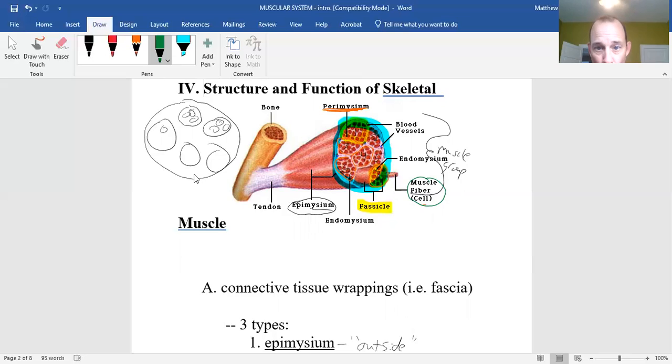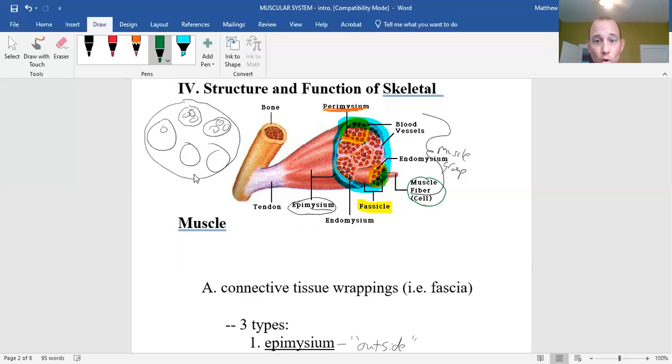So in this one fascicle that I'm looking at here, I have 1, 2, 3, 4, 5, 6, 7, 8, 9, 10. It looks like there are 10 muscle fibers in this muscle fascicle. Let's look at number 4 up here. There's 1, 2, 3, 4, 5, 6, 7, 8, 9, 10, 11, 12. It looks like there's 12 muscle fibers in that muscle fascicle. So a muscle fascicle may have a different number of muscle cells in each one.